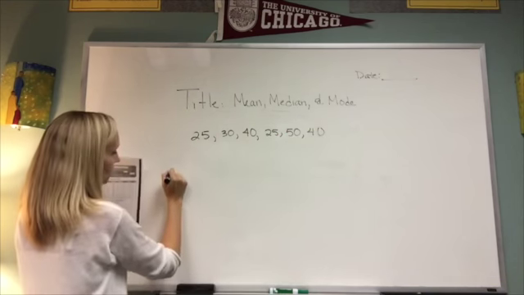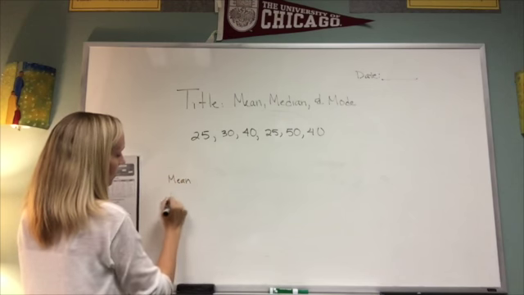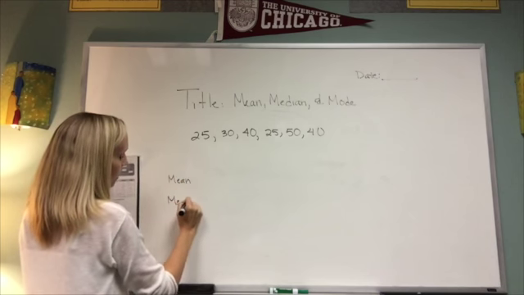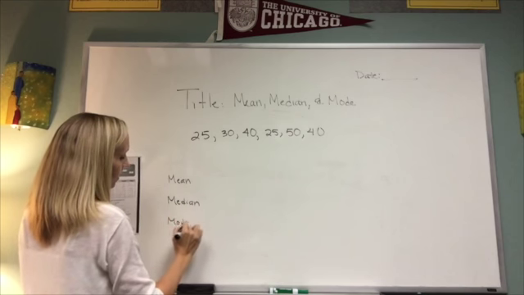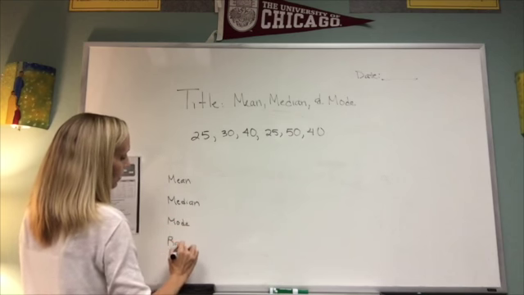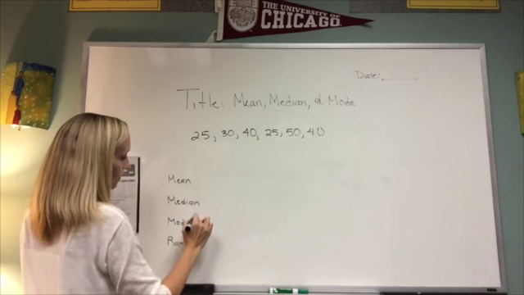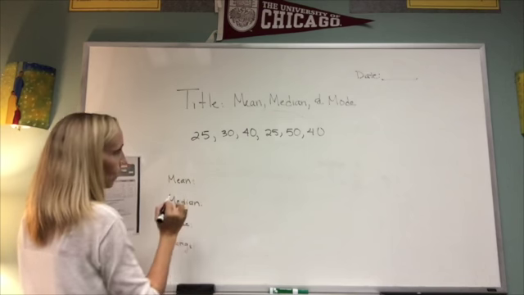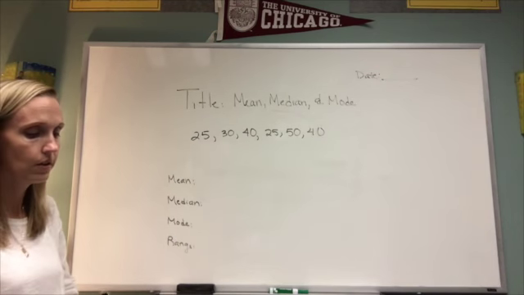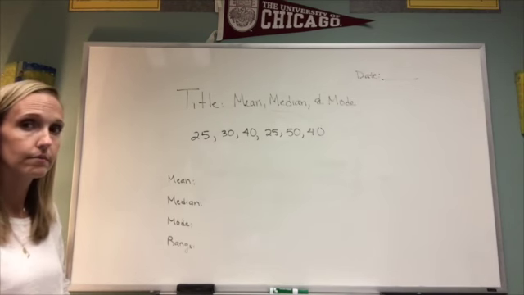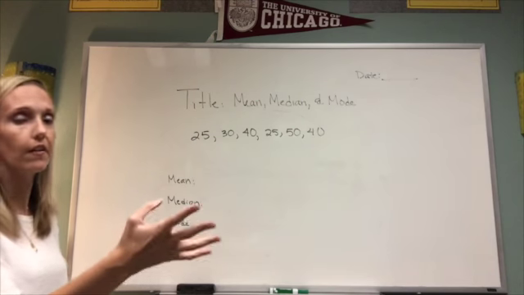And I'm going to ask you to find your mean, your median, your mode, and then let's find the range to see how different everything is. Okay? So go ahead, hit pause, attempt to do this on your own, and then when you're ready, come on back. And hopefully you've now come back.